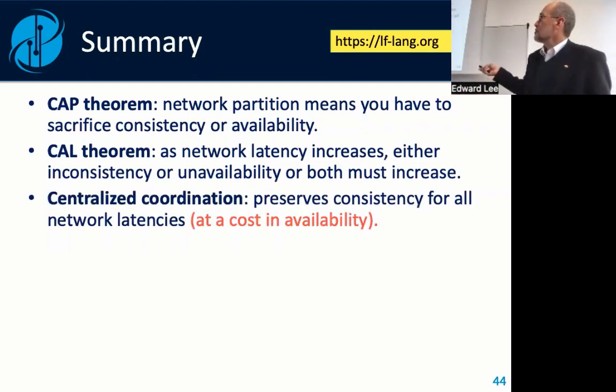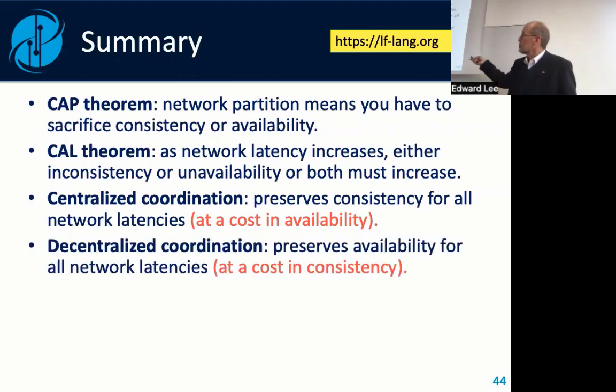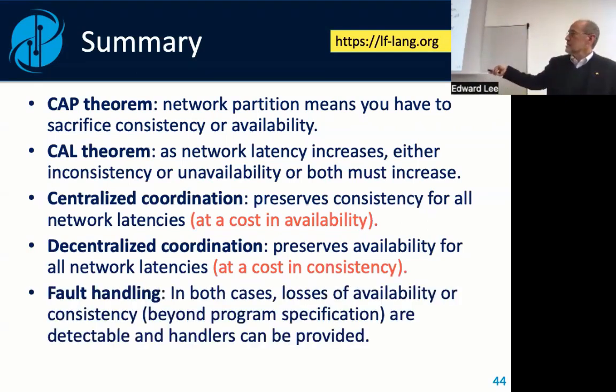Centralized coordination preserves consistency for all network latencies at the cost of unavailability. Decentralized coordination preserves availability at all network latencies at the cost of consistency. Fault handling: in both cases, the loss of availability or consistency beyond the program specification are detectable in Lingua Franca, and you can provide fault handlers for this.